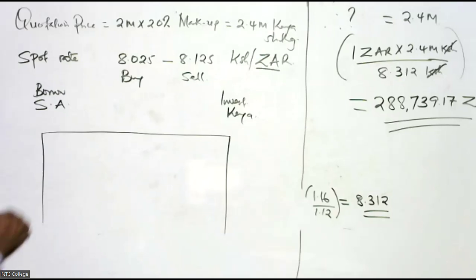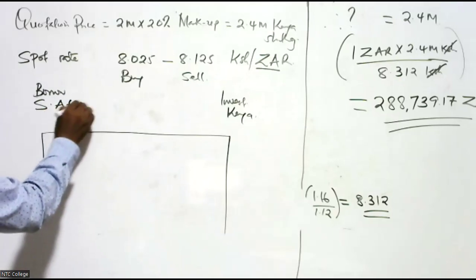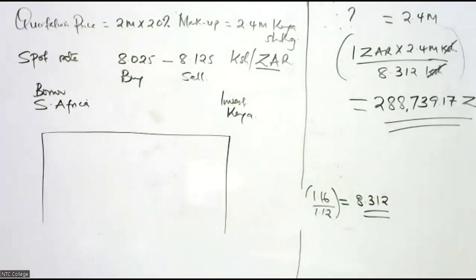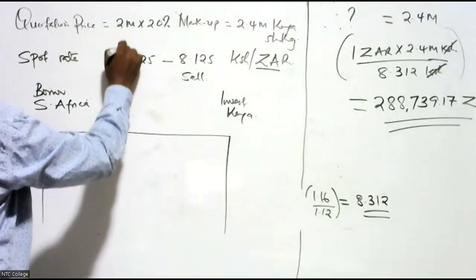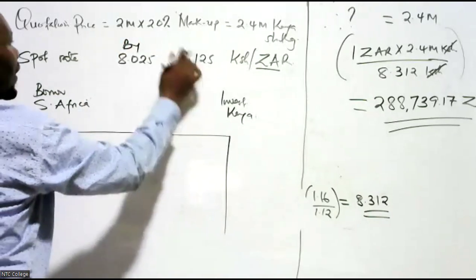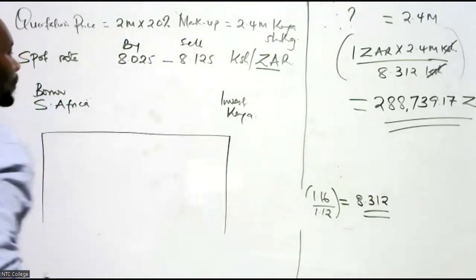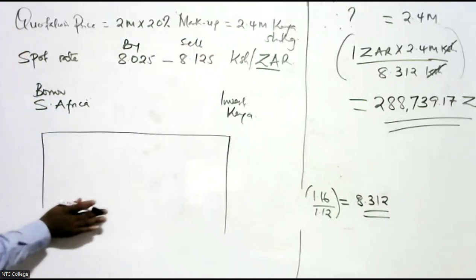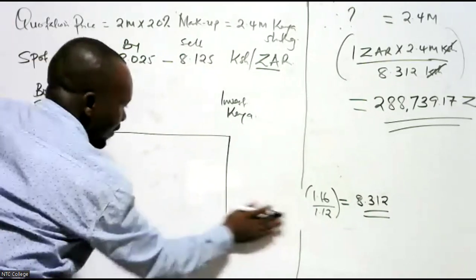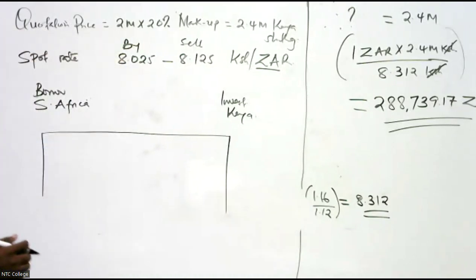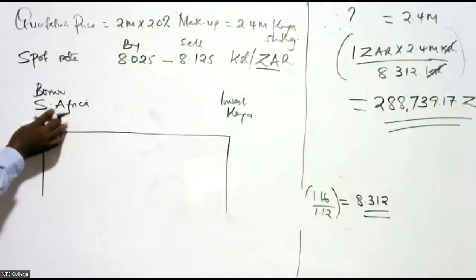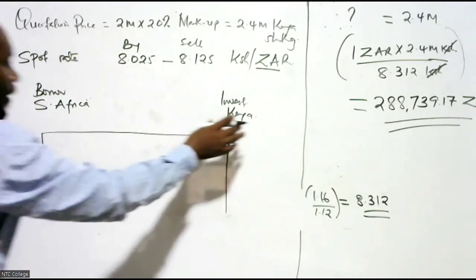Tuko pamoja? So hiyo tumemalizana nayo. Hata hapa ni watu niandike buy hapa juu. Sell here. Right? It's 2 years time. So this period should be 2 years. So we are going to borrow foreign because it is a foreign receipt. Then we invest in Kenya.